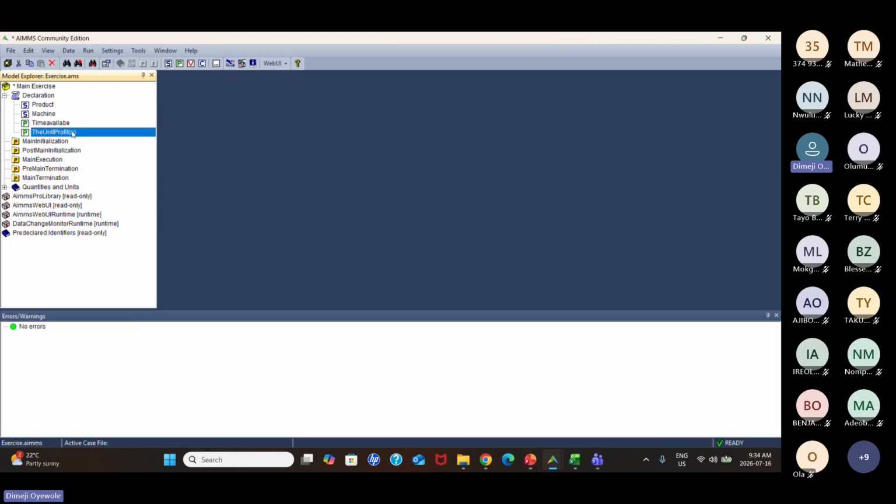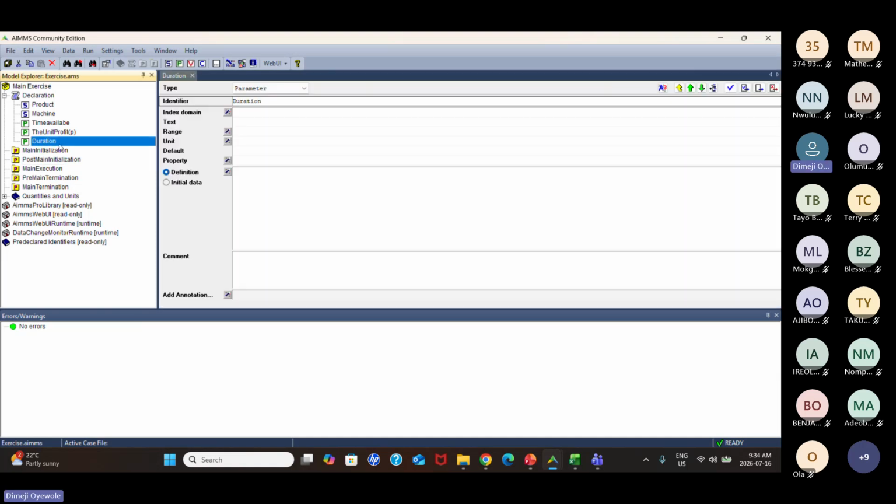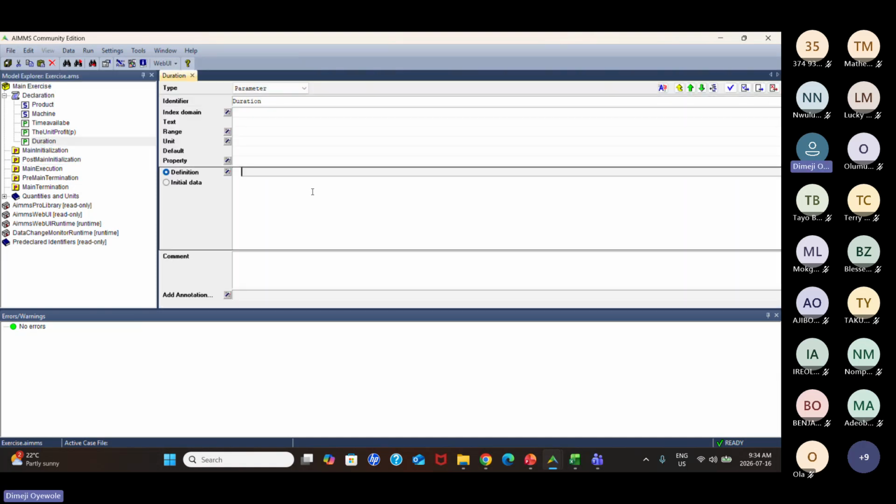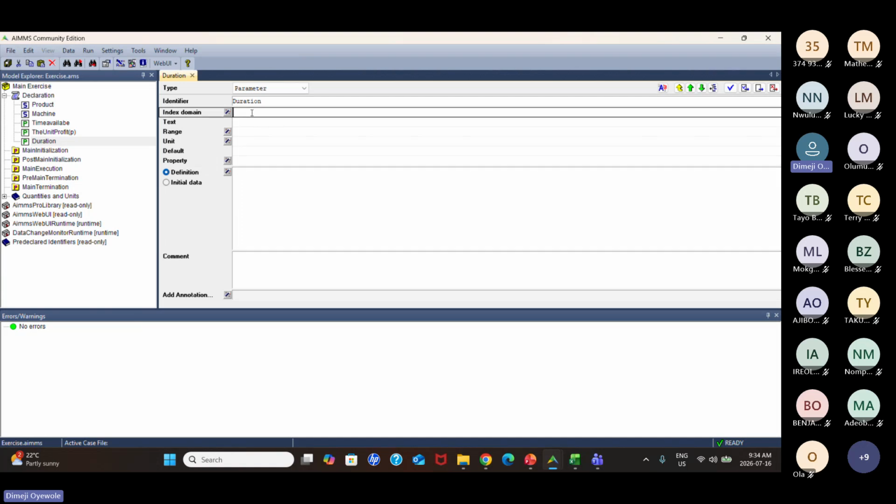So then the next one is the duration, the number of hours it takes to produce or manufacture product P using machine hem. So let me just use duration here. And the duration is indexed, the index domain is both P and hem, not just only P. Now let me show something.